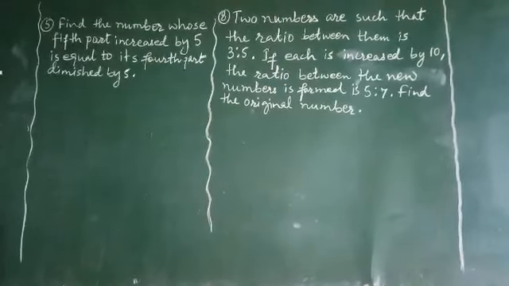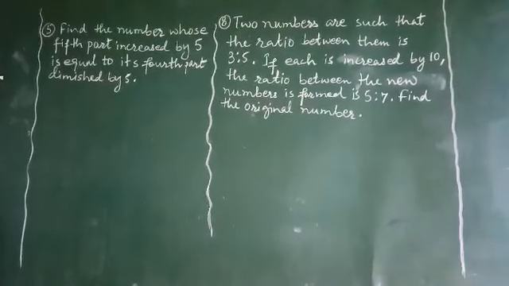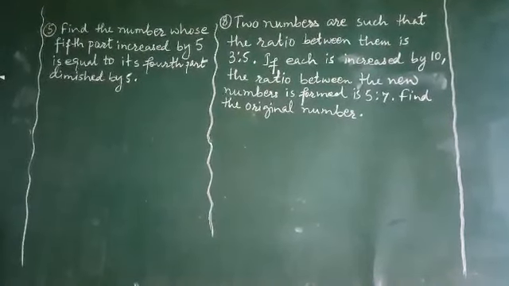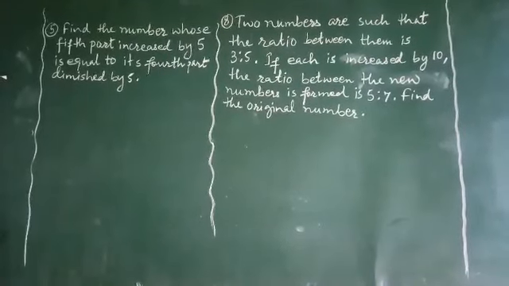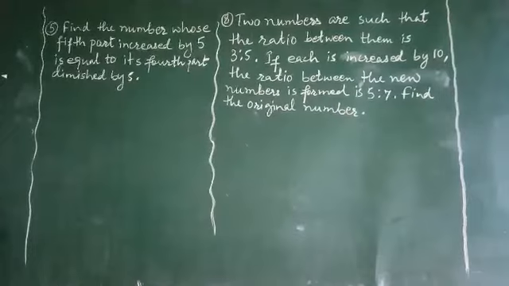Okay, our next question is question number 5. Here we have to find the number whose fifth part increased by 5 equals its fourth part diminished by 5. Solution: let the number be x. Its fifth part is increased by 5 and its fourth part is diminished by 5.